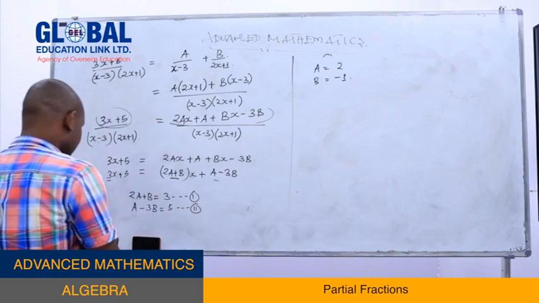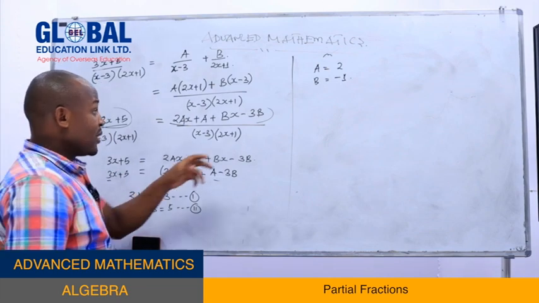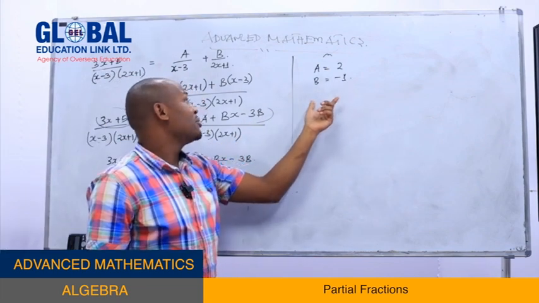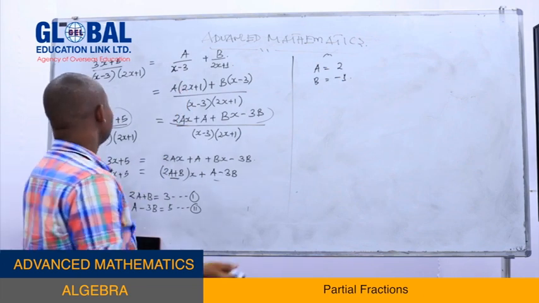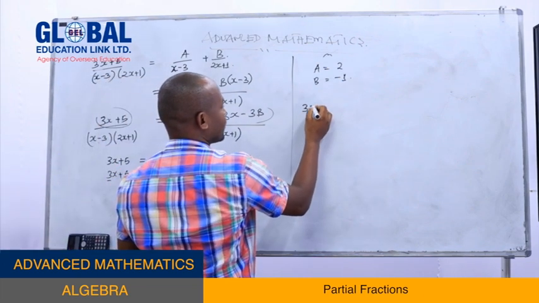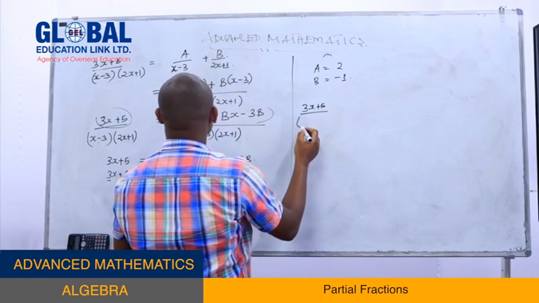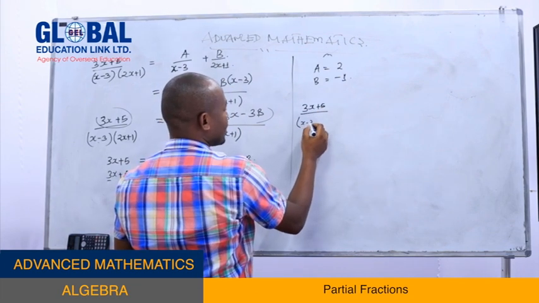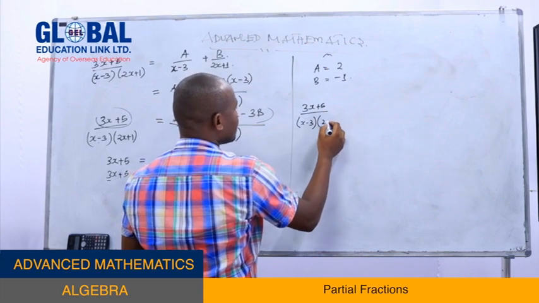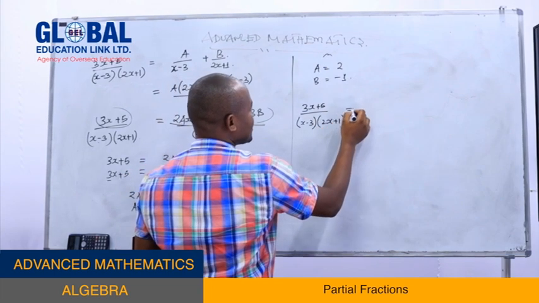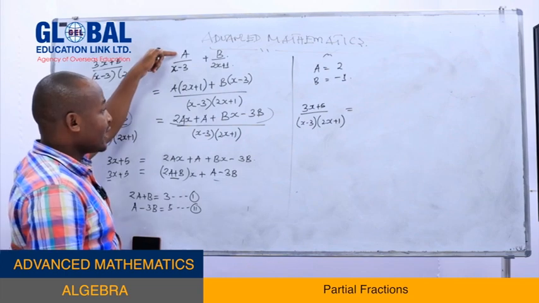Now, we have to plug these values. And where do we plug them? We plug them there. Now, it will be like this. (3x + 5) over (x - 3)(2x + 1) is equal to what? We had an A there, and what is our A now?